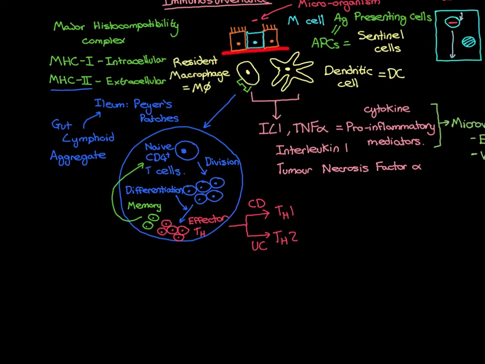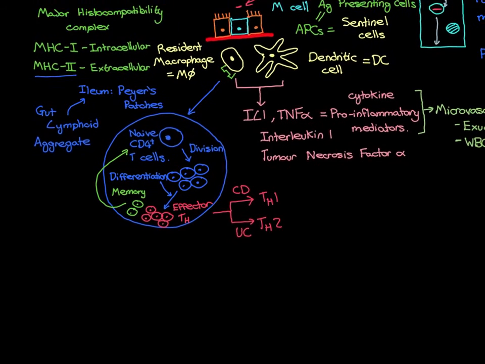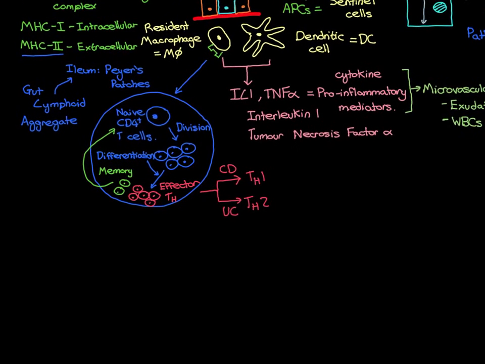And this is how the inflammation in Crohn's disease is going to be different to the inflammation that occurs in ulcerative colitis, because these two types of effector helper T cells do slightly different things on the side. And depending on the type of microorganism that you are initiating this CD4 positive T cell response to, that will determine which type of helper T cell you want to have.